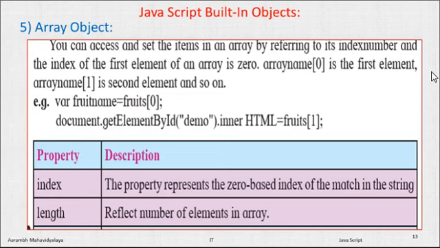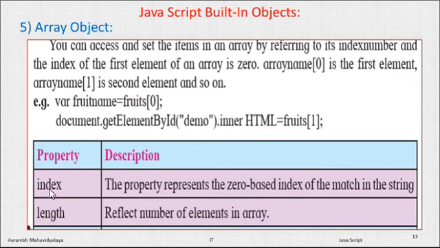Array name 0 is the first element, array name 1 is the second element, and so on. For example, here var fruit name equal to fruits. Here document.getElementById demo dot innerHTML equal to fruits[1]. It will display the first occurrence of this array.